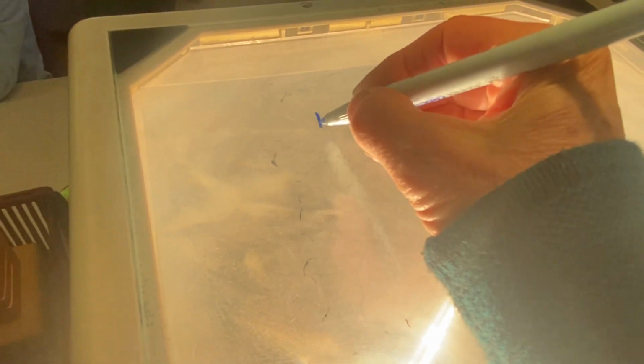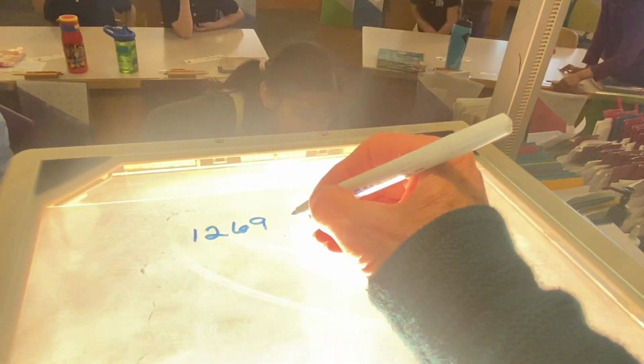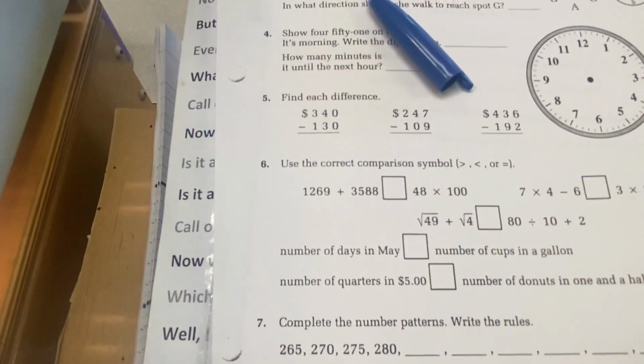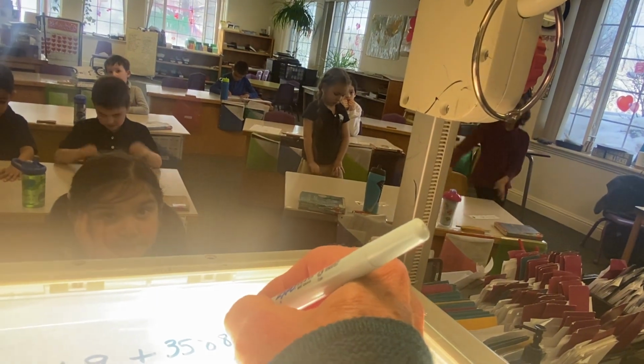Okay. 1,269. And now it's plus what? What are we adding to it? 3,588. Yes. 3,588. And then we're going to put a symbol here.